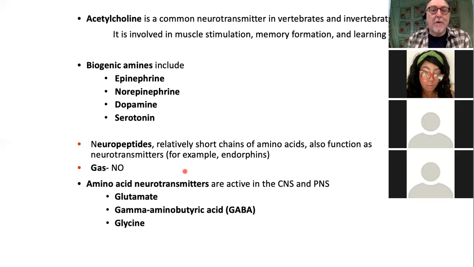That's how they work. Now, these ones here, glutamate, gamma aminobutyric acid, which is commonly referred to as GABA, and glycine, we're not going to talk about in any great detail. If you want to, there is some discussion of them in your textbook.